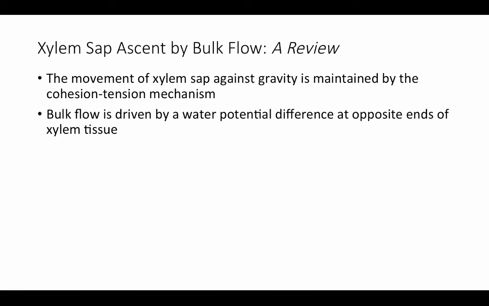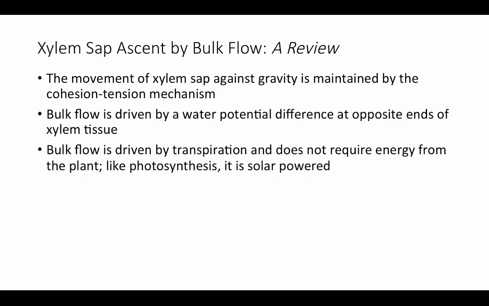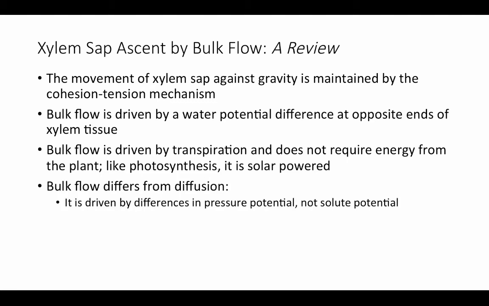That's going to drive the movement of the water from high water potential to low water potential. So bulk flow is driven by transpiration and does not require energy from the plant. Like photosynthesis, it's completely solar powered. So the warmth from the sun is going to encourage this evaporation from the leaves and power this whole process.